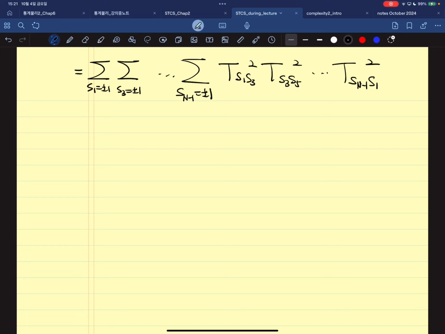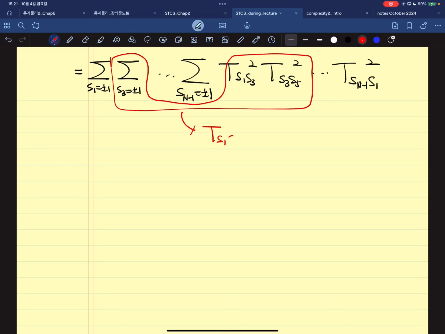But we can use this identity again to get T S1 S5 now to the fourth. So if you eliminate all the summation terms like this, you will end up with this.